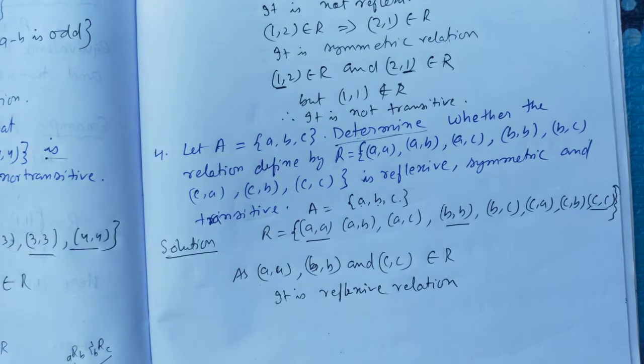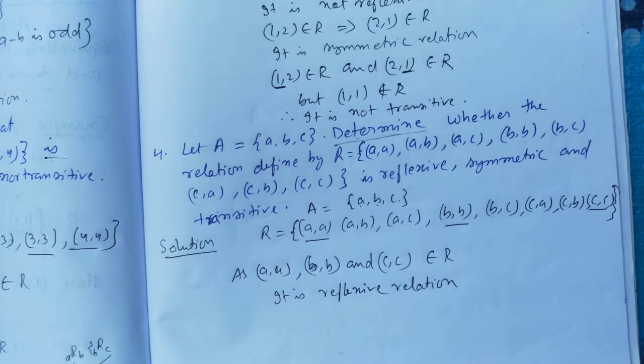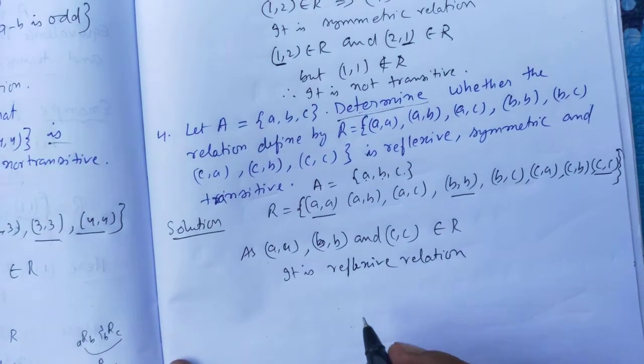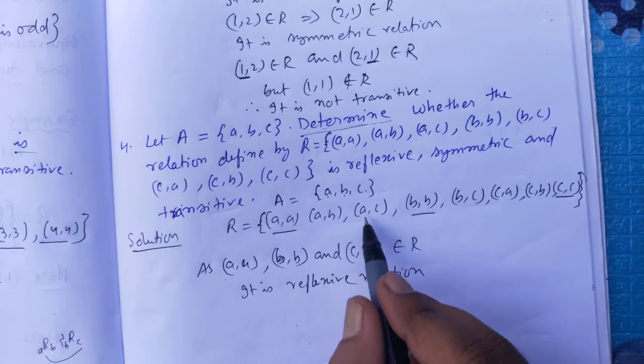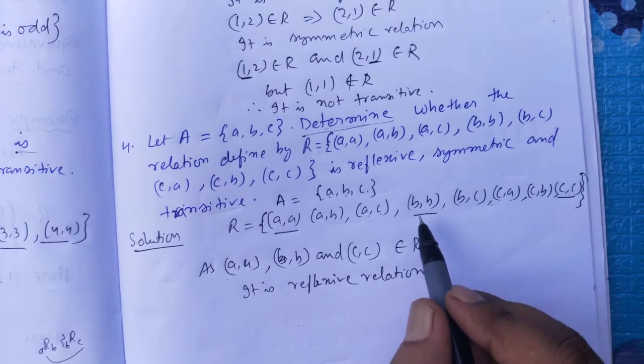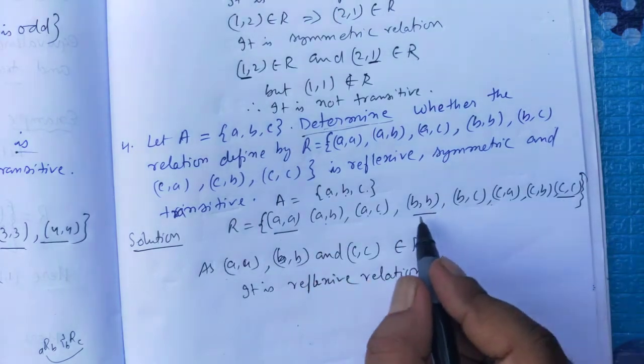Let's go for symmetric. If even one element is not satisfied, that means it's not symmetric. We have (a,c), we have (c,a), we have (a,b). Do we have (b,a)?